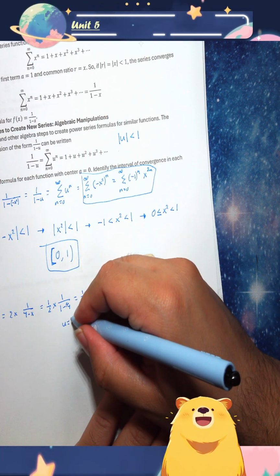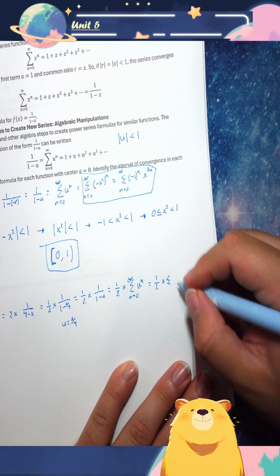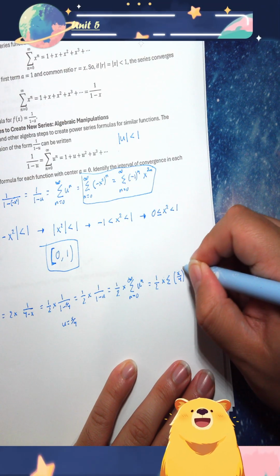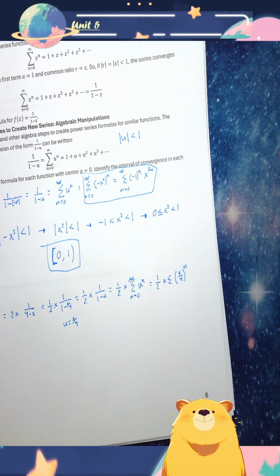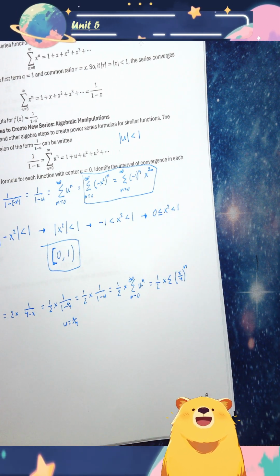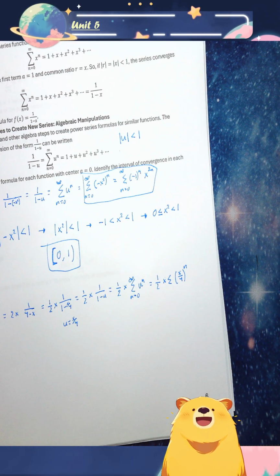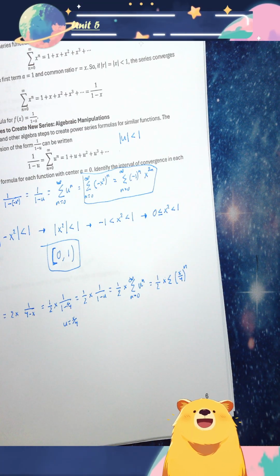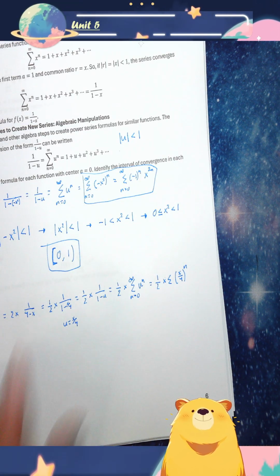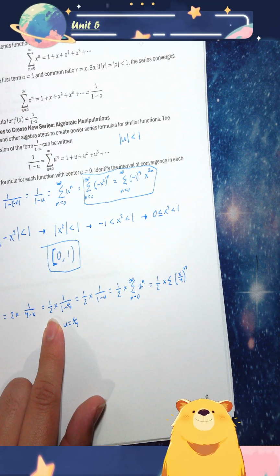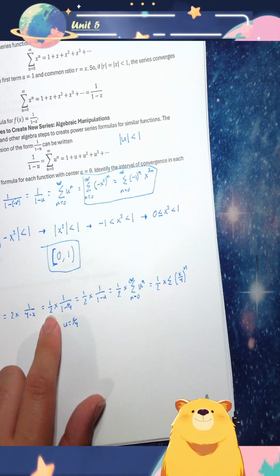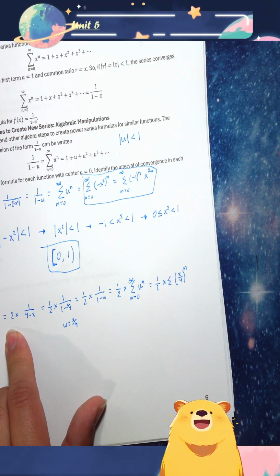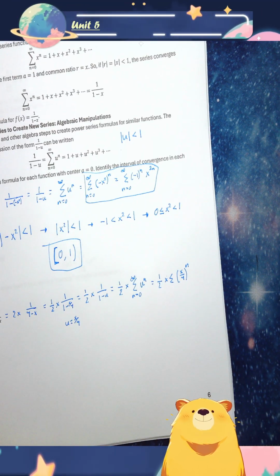Oh, I forgot about the x, excuse me, of x over 4 to the power of n. Then from here, what more simplification can you do? Wait, why did I flip it? Oh, I know why, because I took out 1/4. That's right. Okay, I got worried.